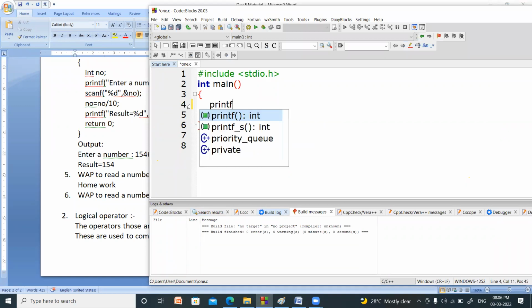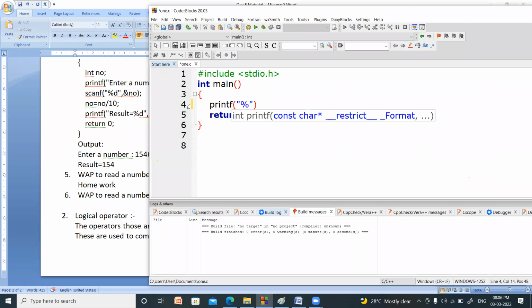Print. I am going to print the result. 10 less than 20. Is it true or false? True. And, this is the AND symbol. 30 less than 50.